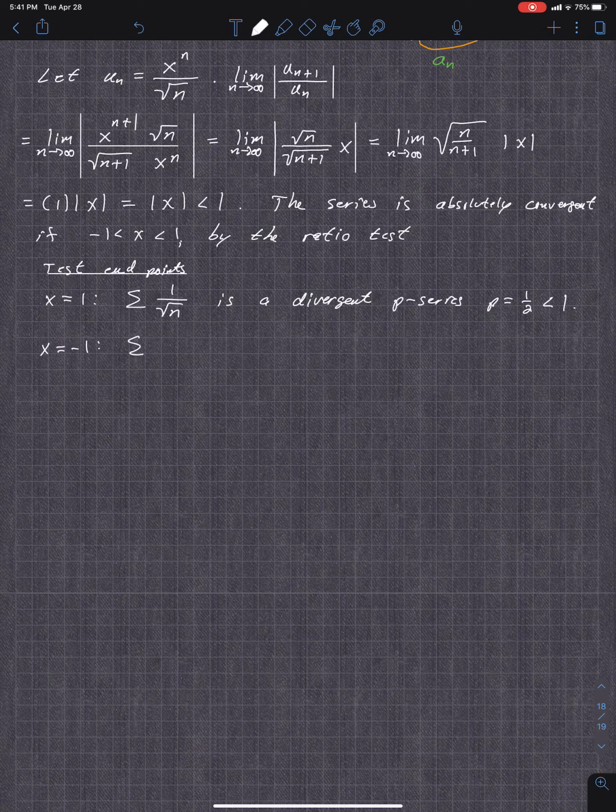You have the sum of -1 to the n times 1 over root n, and we looked at that one before. What's going to happen there? That is a convergent alternating series.